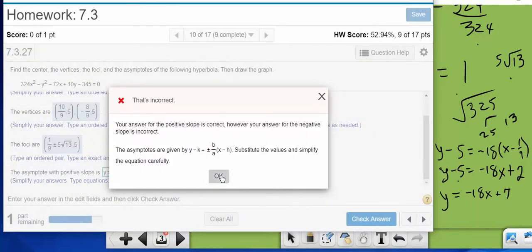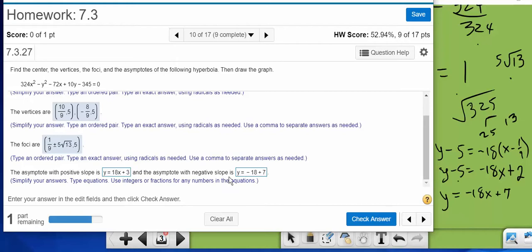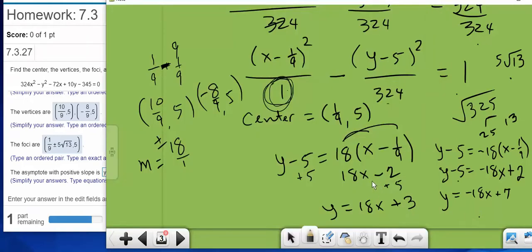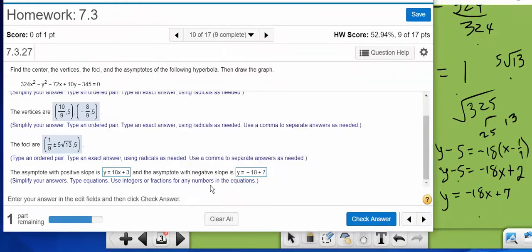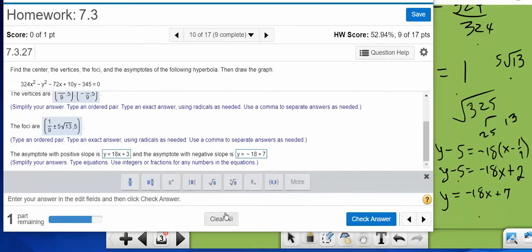Oh, do they want it in the other form? Or did I do my math wrong here? All right. Okay, I'm looking at it and I see I'm missing an x there. So let's see if that works, hopefully.